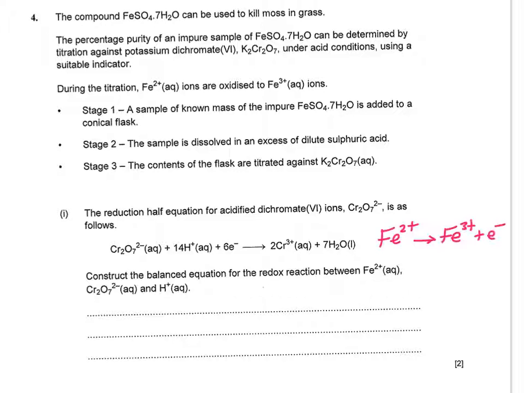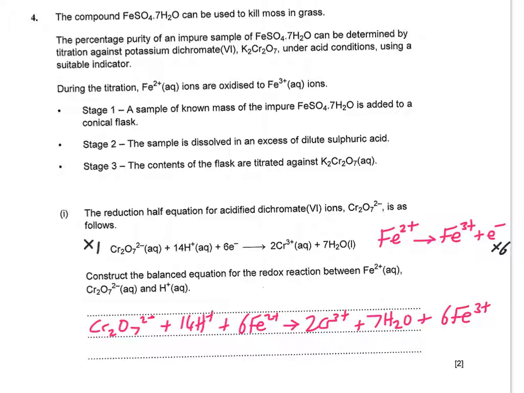It's dead easy. And now what we do is we try to multiply how many times that needs to happen. So we have 6 electrons in the dichromate half equation. So this one is times 6, and the dichromate half equation is times 1. So all you do is you add them together, but making sure that anything that has iron in it is multiplied 6 times. So coming on to the final part of this pack of questions.